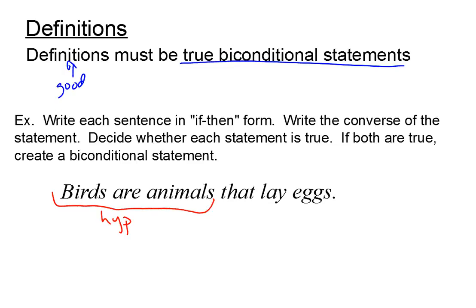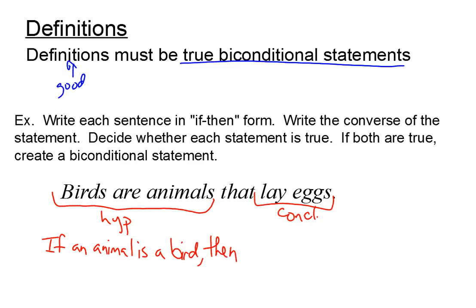What conclusion can I say about them? That they lay eggs. So the conditional part is that I have animals that are birds. That's the hypothesis. So if an animal is a bird, then what conclusion can we make? We can say it lays eggs, can't we?